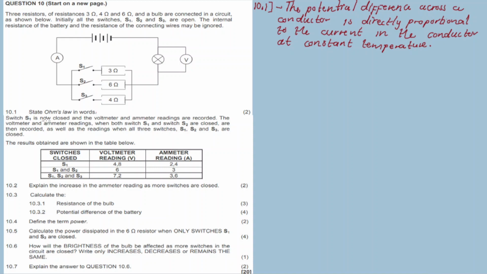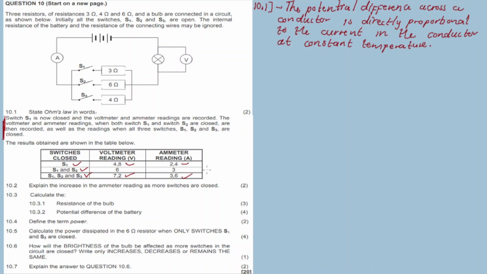Switch 1 is now closed. I'm reading this statement: switch 1 is now closed, and the voltmeter and ammeter readings are recorded. The voltmeter and ammeter readings when both switch 1 and 2 are closed are then recorded. Then we do the same for switch 1 and 2 when they are both closed, as well as for switch 1, 2 and 3 when all three of them are closed.